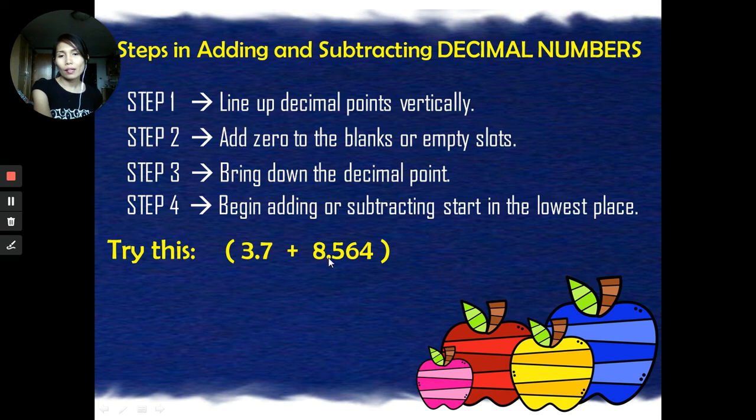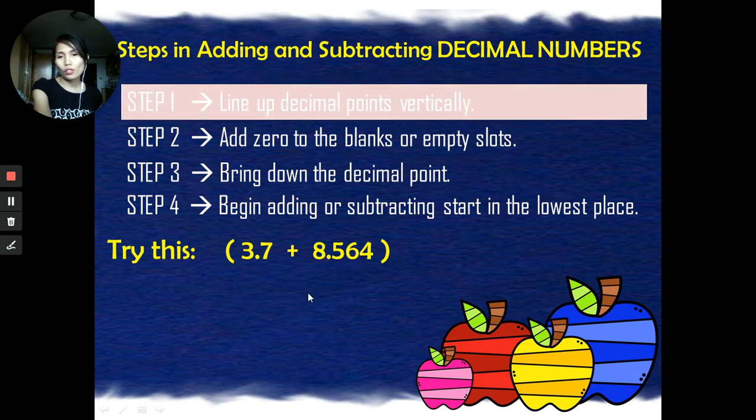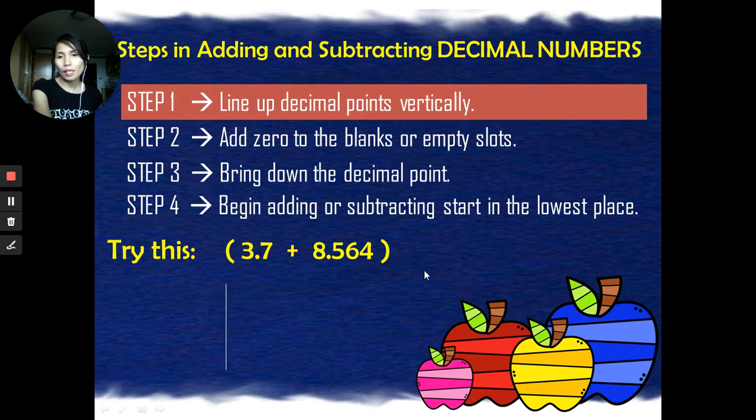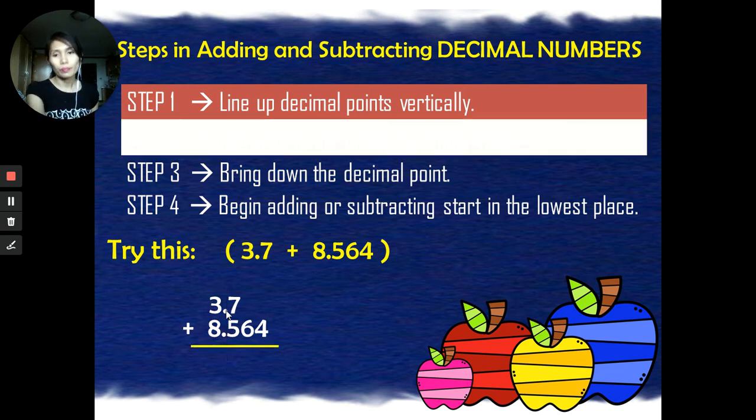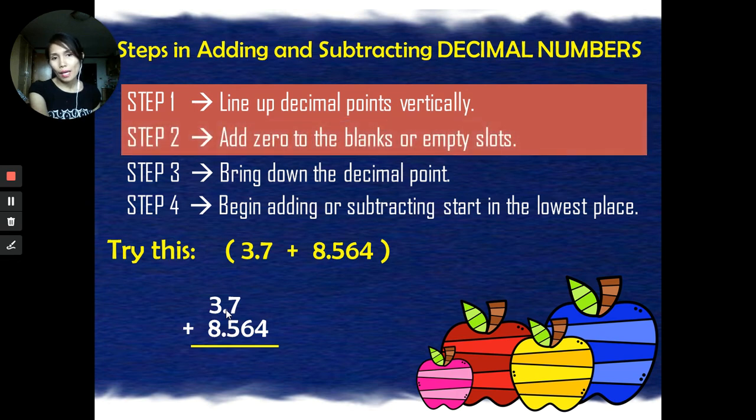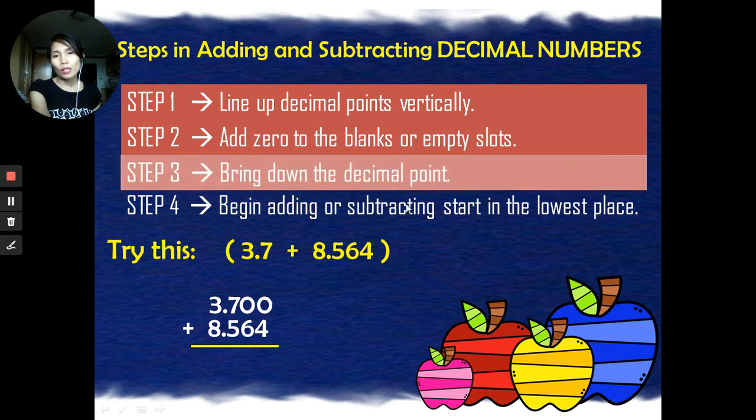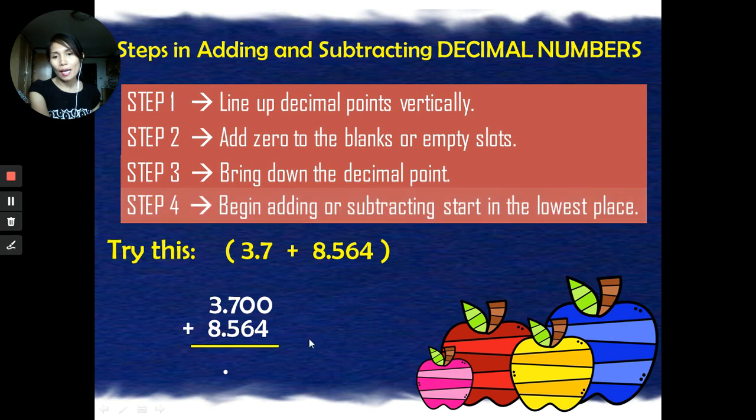3.7 and 8.564. Let's try this. Line up vertically. That's how we line them up according to their decimal points. And then step 2, add 0 to the blanks or empty slots. You see there are blanks here, so we'll add 0 in there. So there are no more empty slots. Bring down the decimal point, and then begin adding starting from the lowest place. It's from the right.